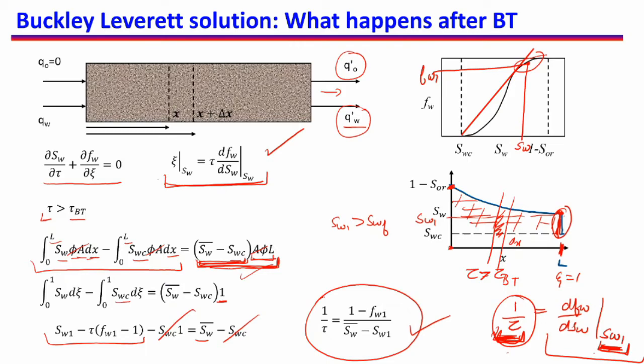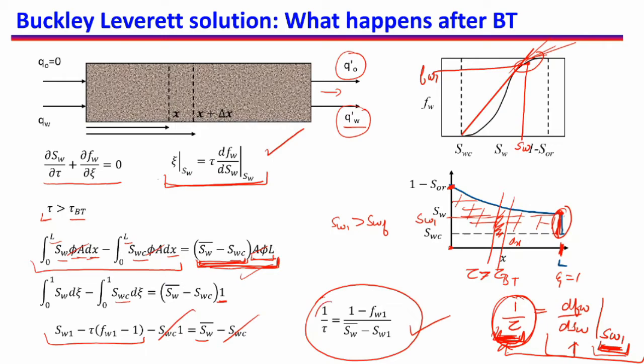We need to keep drawing slopes and find a particular SW at which the slope is equal to 1 by tau. This will become a little bit cumbersome but still doable: if we are given a tau, we can still find SW1 at which the slope of the FW versus SW curve is 1 by tau.